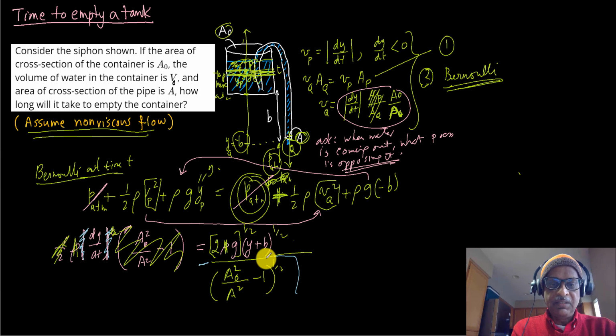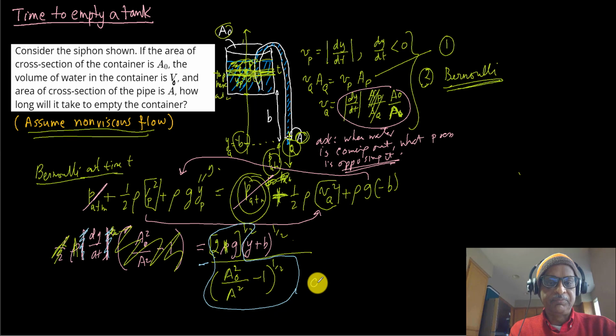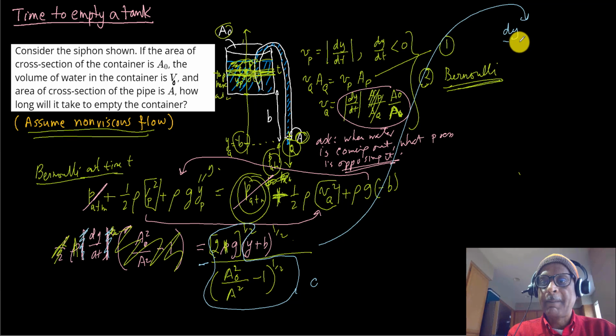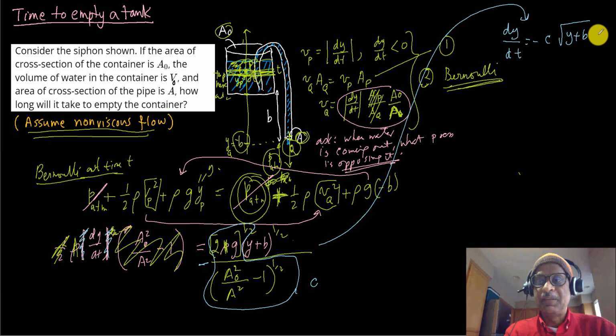And you can see that this whole thing is constant. So let's call this some C. So we have an equation here. This equation becomes dy/dt equals minus C times the square root of y plus B.